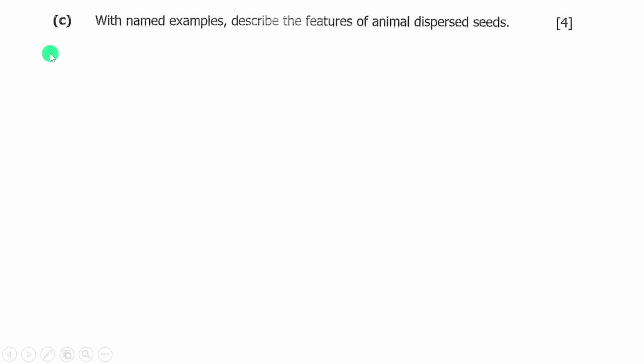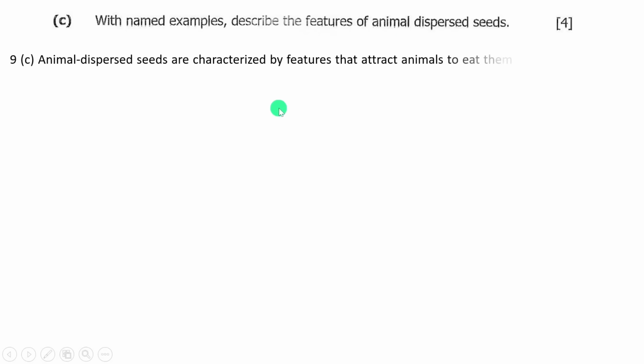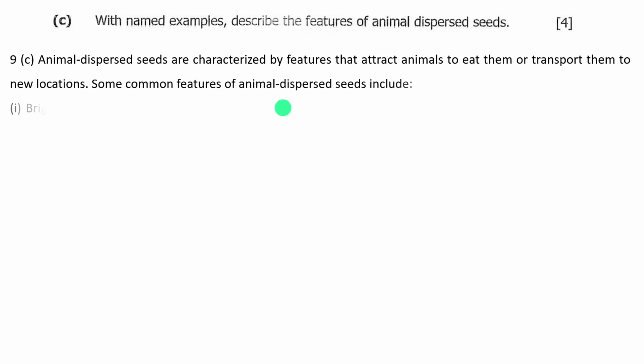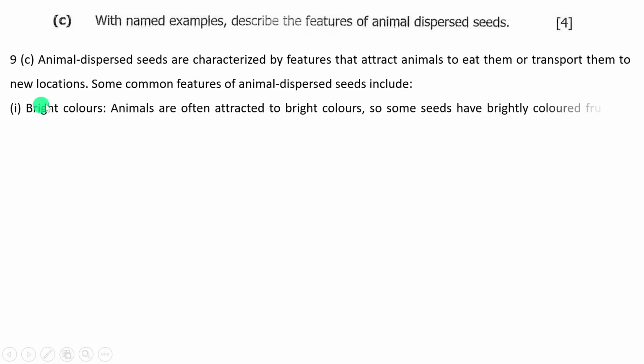Then we move to the next part of the question, which is C, which says with named examples, describe the features of animal dispersed seeds. So you can say that animal dispersed seeds are characterized by features that attract animals to eat them or transport them to new locations.